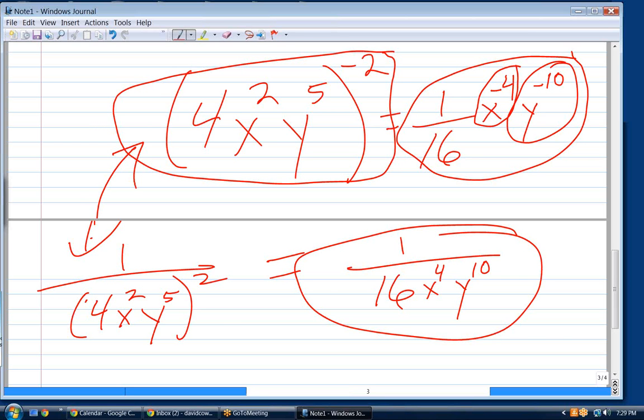Once I've switched it to this, if this is my first step, the second step becomes pretty easy. Now we're squaring 4 to get 16. X squared squared is x to the 4th, and so on. In other words, doing this method gets rid of the negatives instantly and allows me to proceed with all positive numbers. So I actually prefer doing this step first.